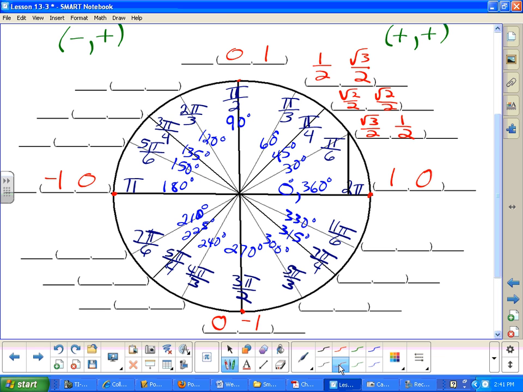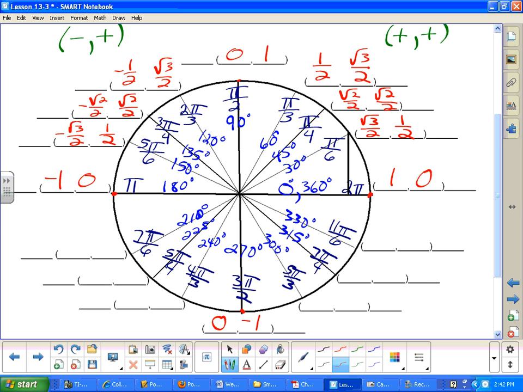So we have negative 1/2, positive square root of 3 over 2. Negative square root of 2 over 2 and positive square root of 2 over 2. Negative square root of 3 over 2, positive 1/2.